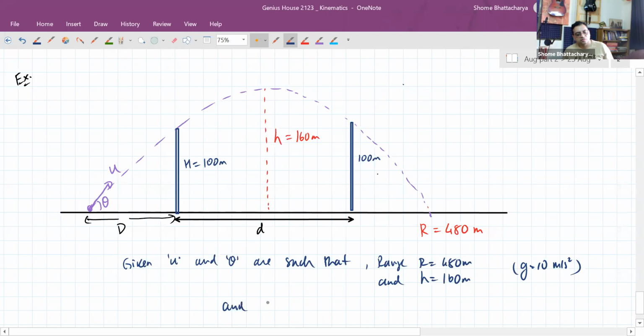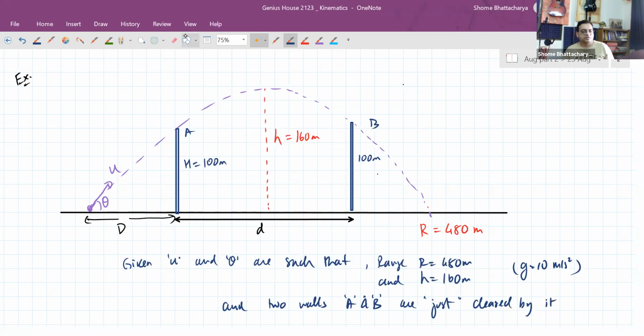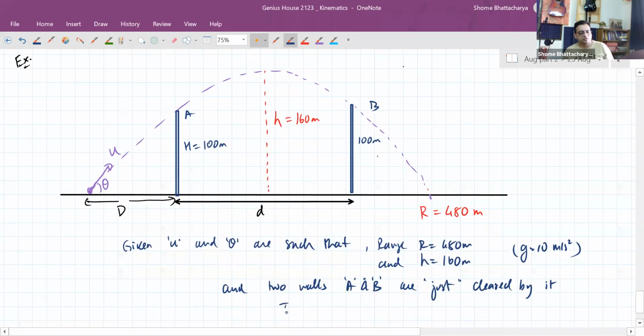And two walls, say A and B, are just about cleared. Just cleared by. That means the projectile is almost hitting the top of the walls, but just about clearing them. Then find capital D, what is the distance from the first wall at which the projectile should be fired, and small d, the gap between the two walls.